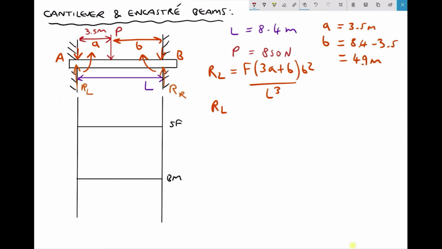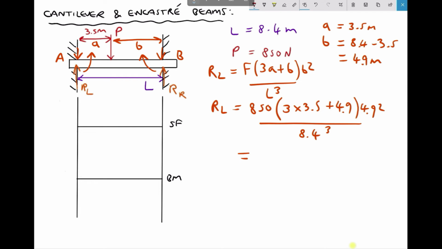We have RL equals the force, which is interchangeable with P, 850, times (3 times A, so 3 times 3.5, plus B, 4.9), times B squared, or 4.9 squared, all divided by the total length cubed, or in this case, 8.4 cubed. Running that through the calculator gives us a left-hand support reaction, RL, equal to 530.27 to 2 decimal places.